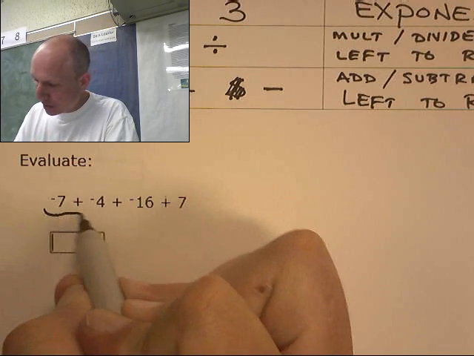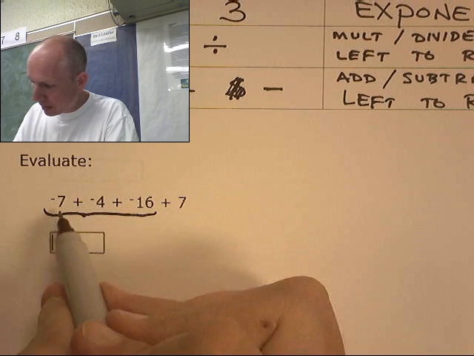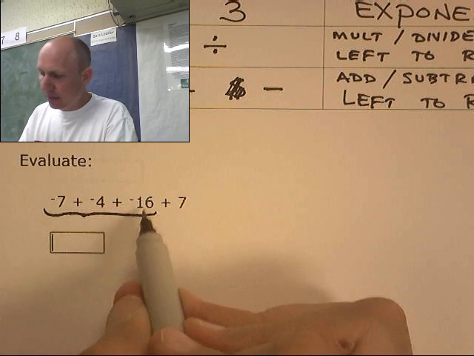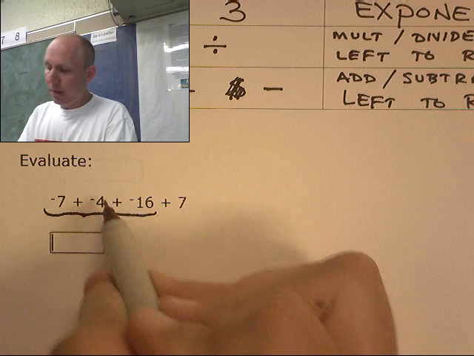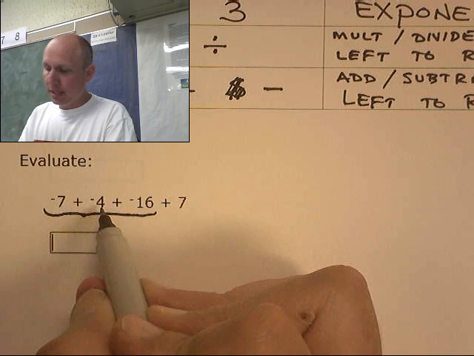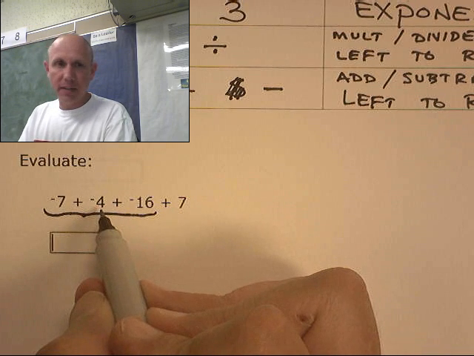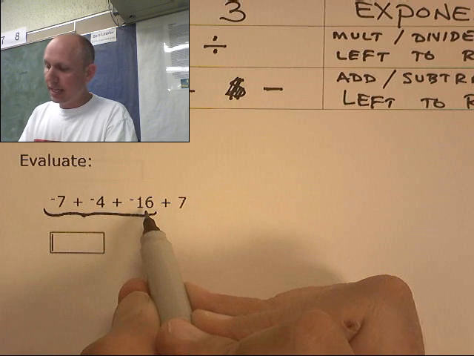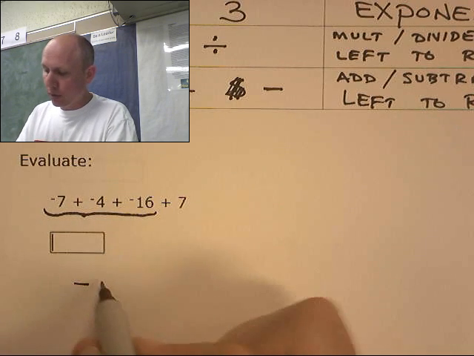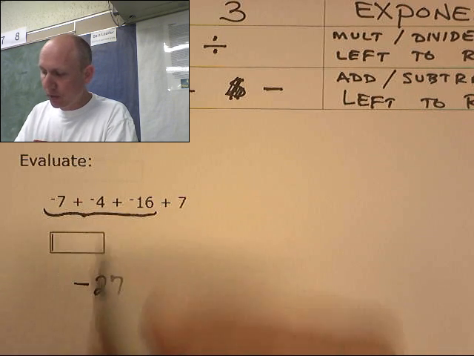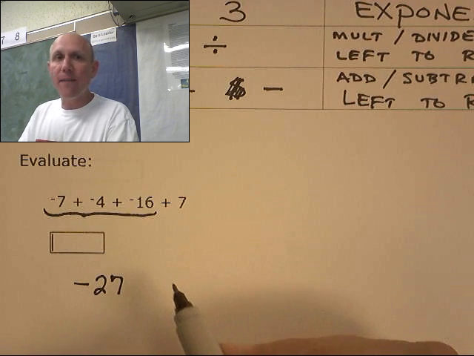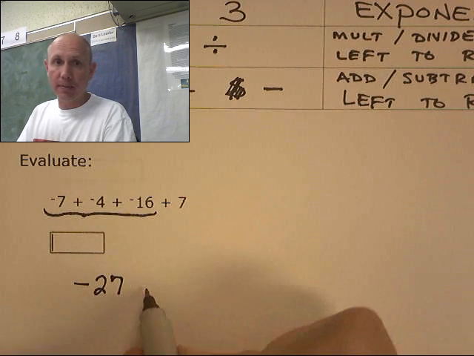So I have all these negatives, right? -7, -4, -16. How many negatives are right there? -7, -4, well that's -11. And -16, that's -27. So I have -27. I have 27 negatives floating around.